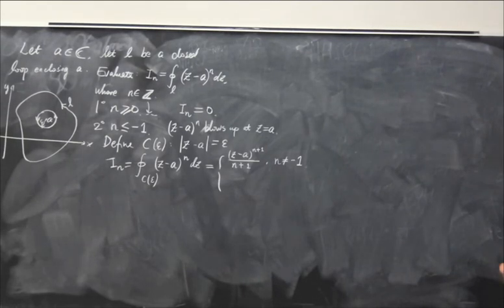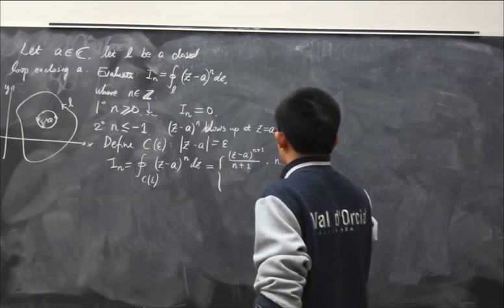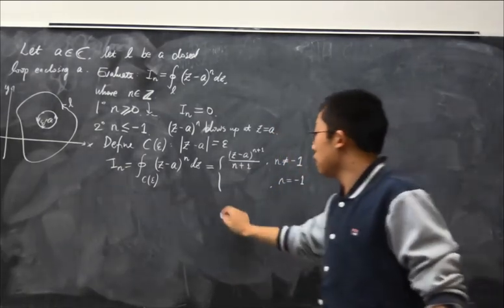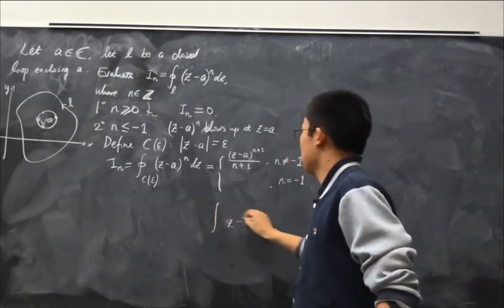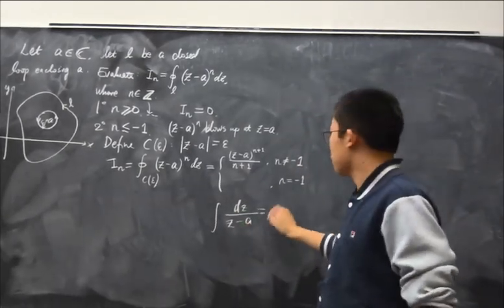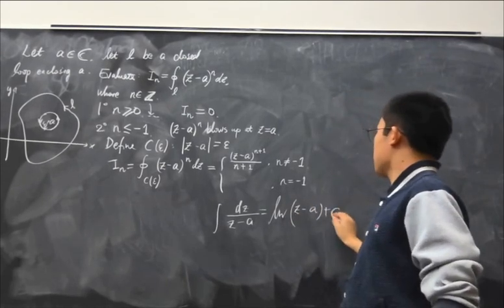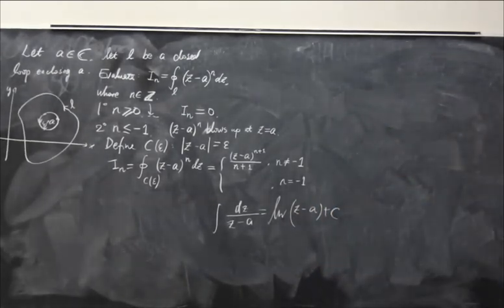But when n is negative 1, we are literally doing the integral of 1 over z minus a, and the antiderivative is ln of z minus a plus some constant, right? Okay.